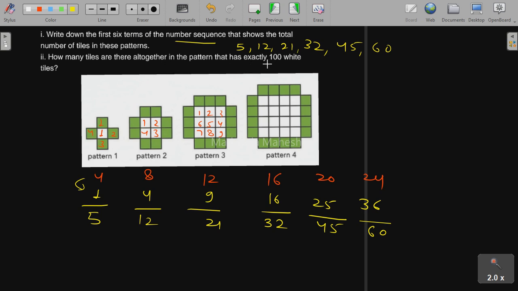How many tiles are there all together in the pattern that has exactly 100 white tiles? So this is white tiles and this is colored.